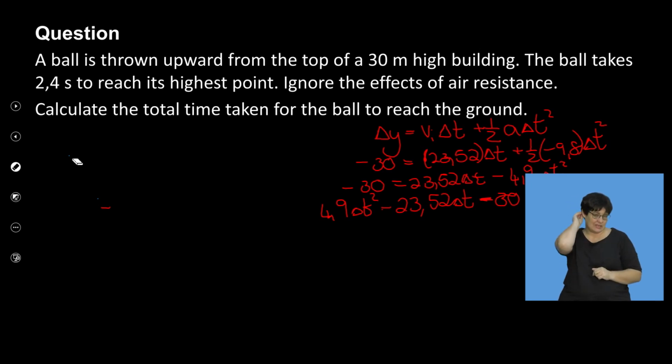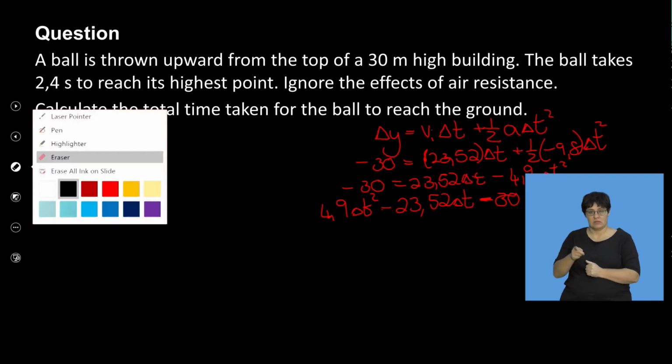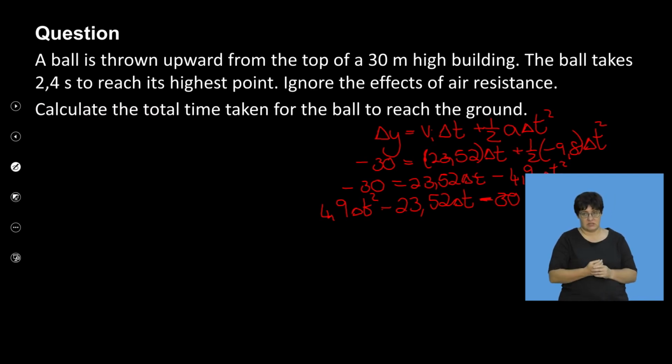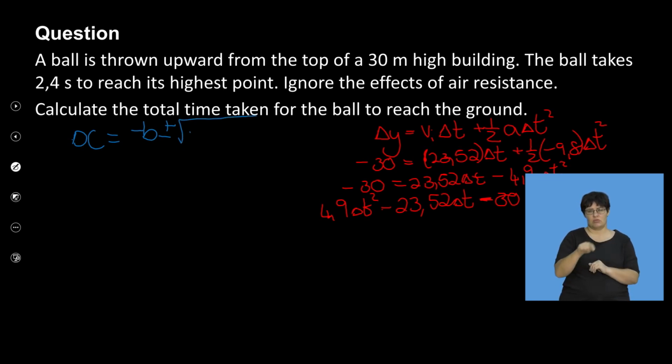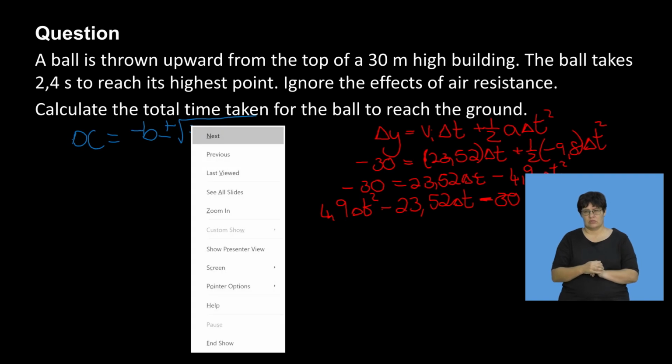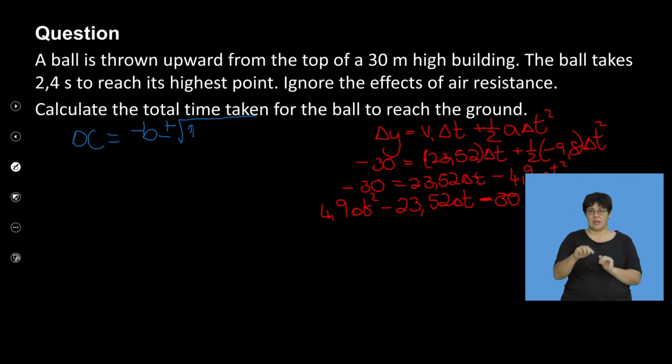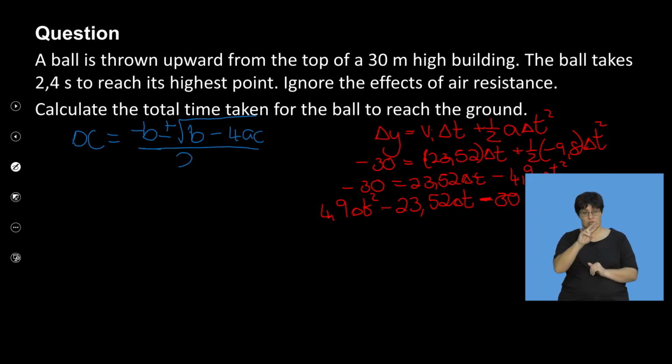So you remember from maths that x is equal to minus b plus or minus the square root of b squared minus 4ac, over 2a, okay? This is why you've got to remember it.